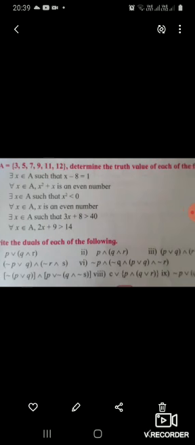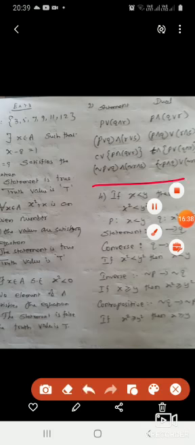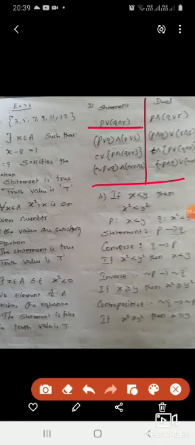So, 2 or 3 sums I have discussed here. You just see the second one. One statement I have taken and we have discussed here. Listen now. First, it is a given statement. In this statement, P, R is there, it will be AND, Q and R.